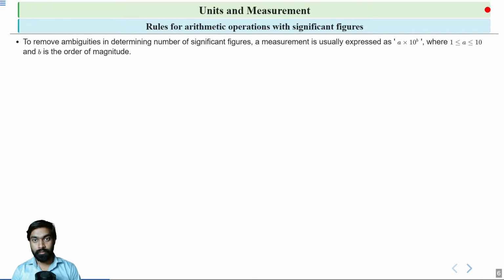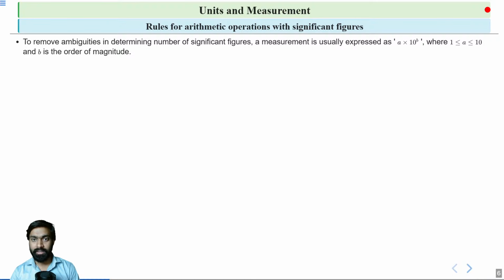Now, we will look at some more rules regarding significant figures. We measure in meters, centimeters, millimeters, so the method of writing is different. There is a standard method which we call scientific notation. We write it as a times 10 raised to the power b, where a can be any number between 1 and 10.